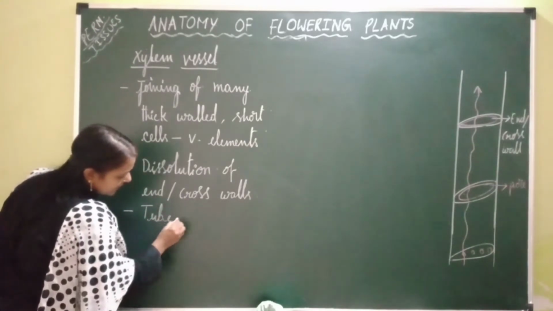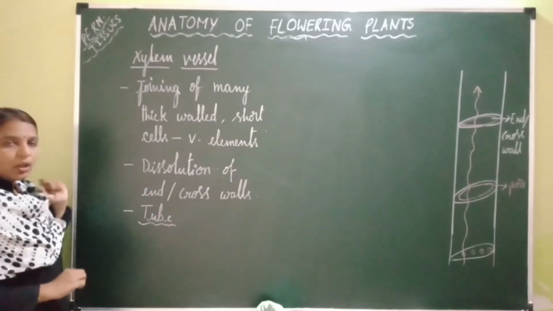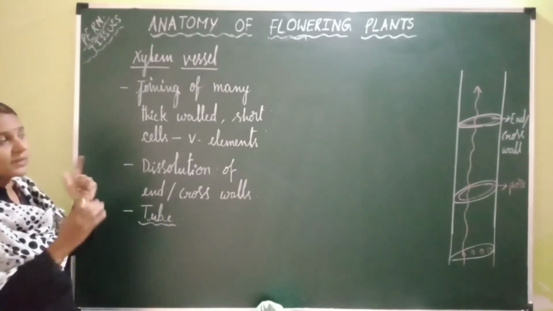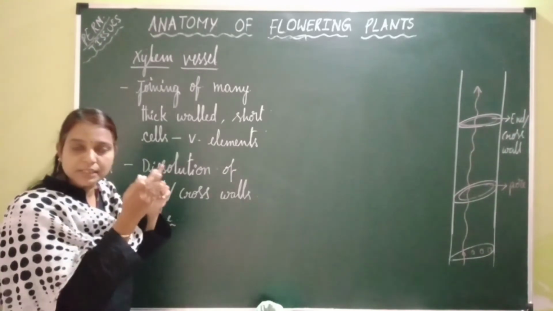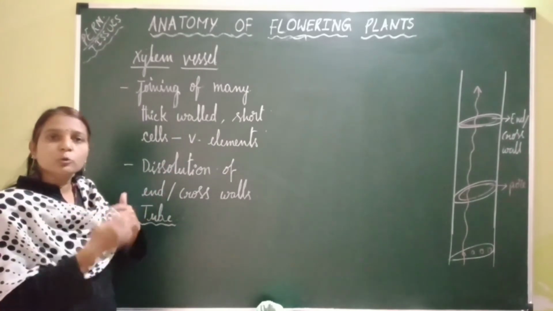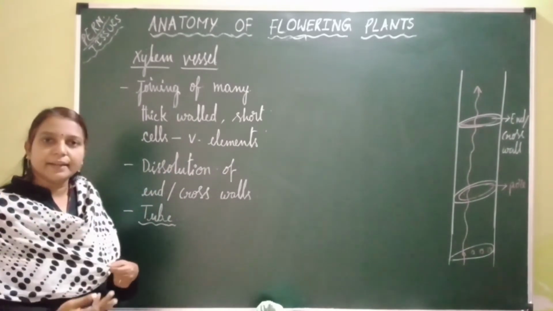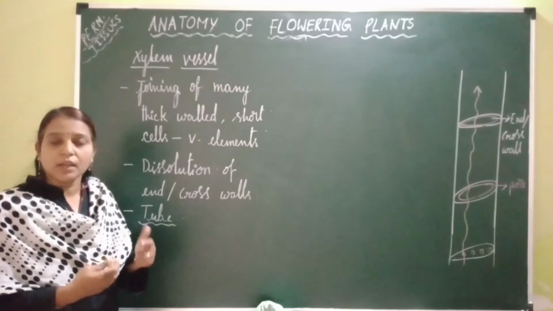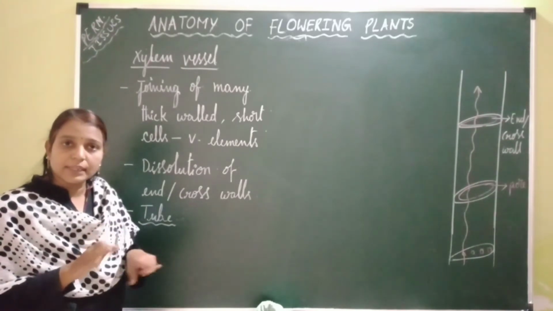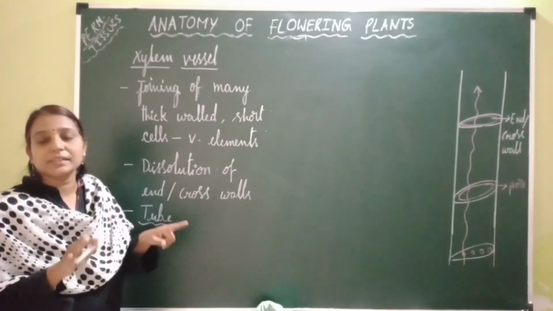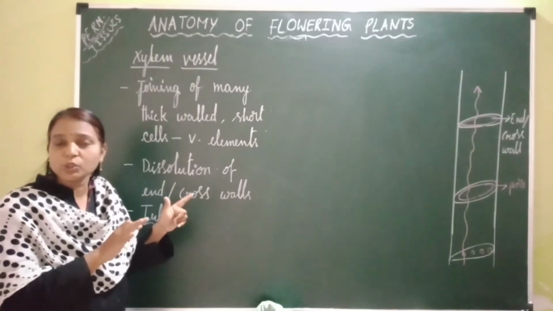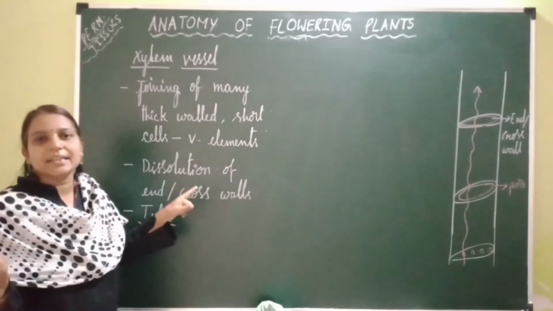So this vessel is in the form of a tube. Okay, at maturity, these vessel elements present in the vessel lose protoplast. They become dead by losing the protoplast. That means all the nucleus, cell organelles, cytoplasm, everything present in these vessel elements of a vessel gets degenerated.